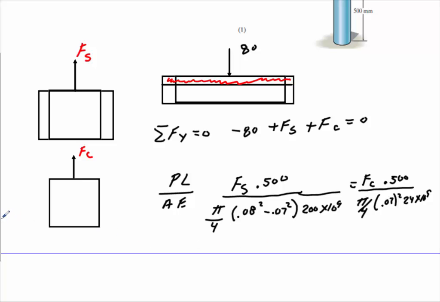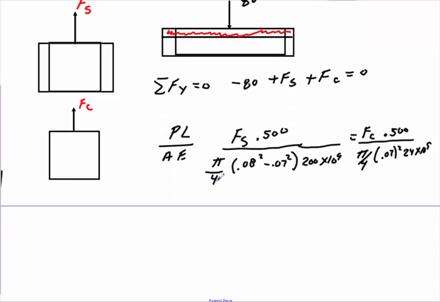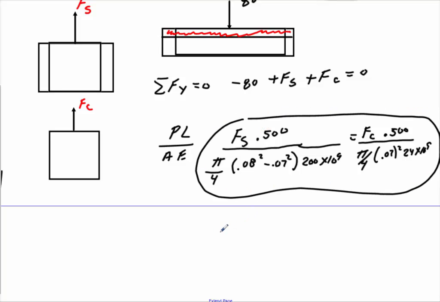Just solve this equation, because the deflection has got to be the same. At this point I'd cancel out the lengths just to save time. You don't have to, but it makes things easier. You're going to find that the force of the steel is equal to 2.551 times the force of the concrete.